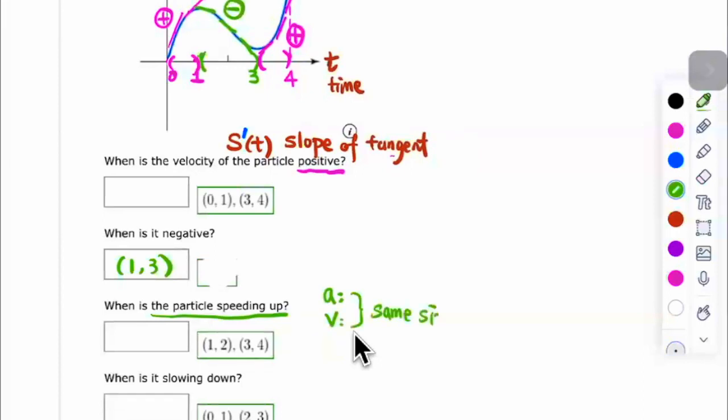If they're both positive, then the particle will speed up. If both of them are negative, then it will also speed up.